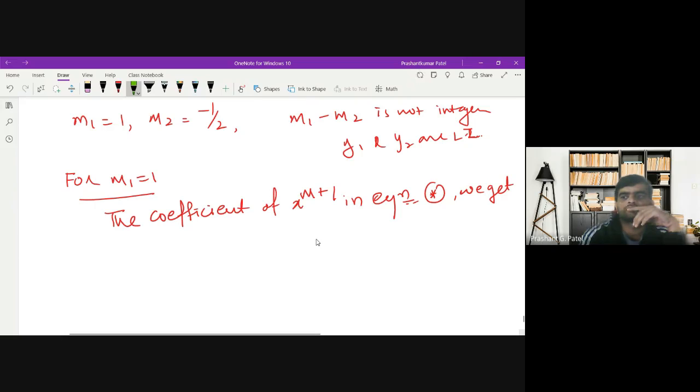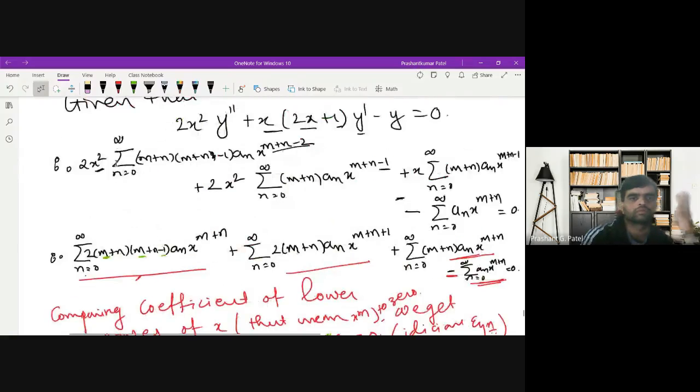Why have we calculated m equal to 1? We need to write down the solution now, or I can write down the recurrence relation. In this equation, when I substitute n equal to 1, we'll have the m plus 1 term. Here when I substitute n equal to 0, we'll have m plus 1. Understood?